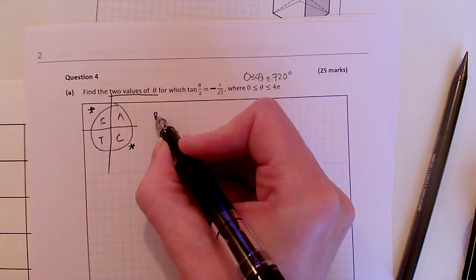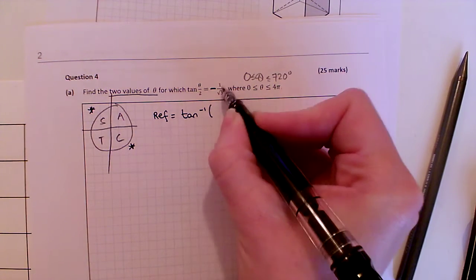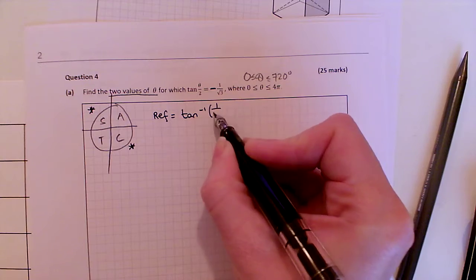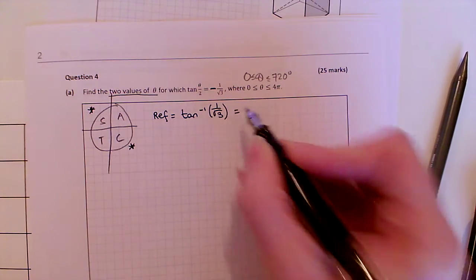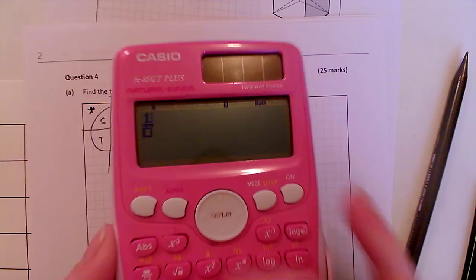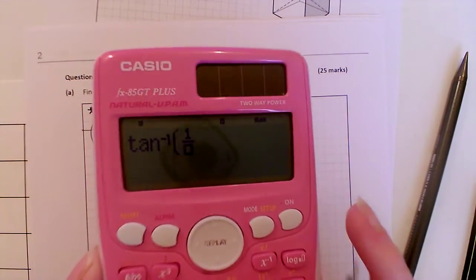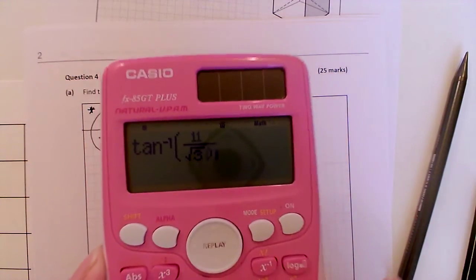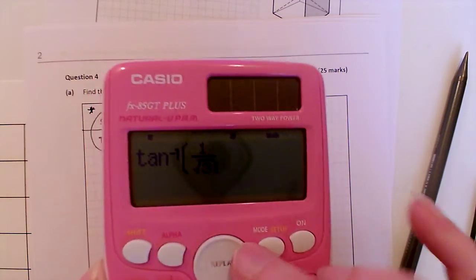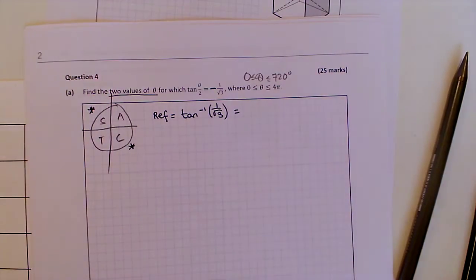We'll find our reference angle, and that is always tan inverse of this, but you ignore the sign. Tan inverse of 1/√3. Just make sure that your brackets go on right or you'll get an error, and that's 30 degrees.